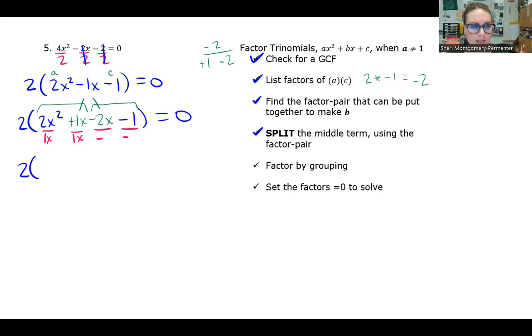So I can pull out an X and then I write down what I have left. Anytime I have X squared over X, I'm just left with X. 2 divided by 1, 2. 1x over 1x, that just becomes 1. For my second group, what can I divide both into 2 and 1?